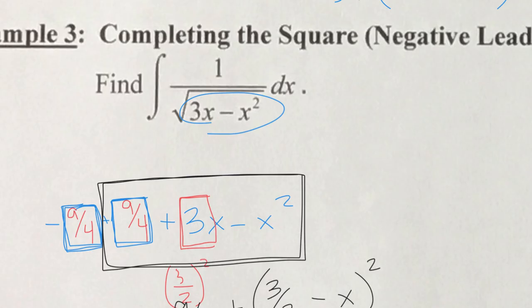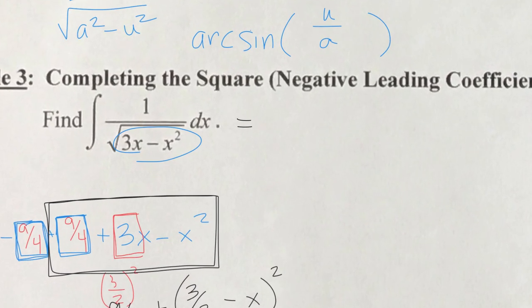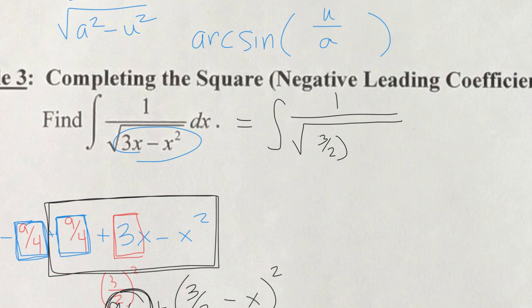Okay, so let's write this kind of how we want it to be written. Well, how do we want it? We want it to be the integral of 1 over the square root of, let's write this in its squared form. So that would be 3 halves squared plus, well, I guess the negative of 3 halves squared plus 3 halves minus x squared, which isn't exactly our arcsine, is it?